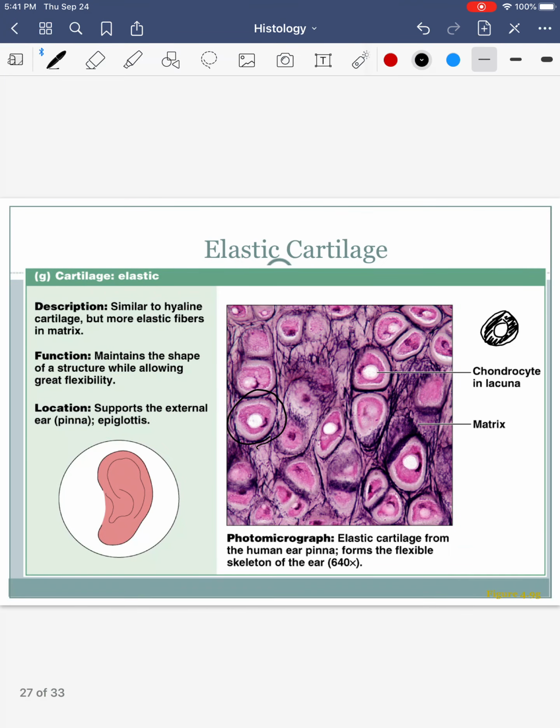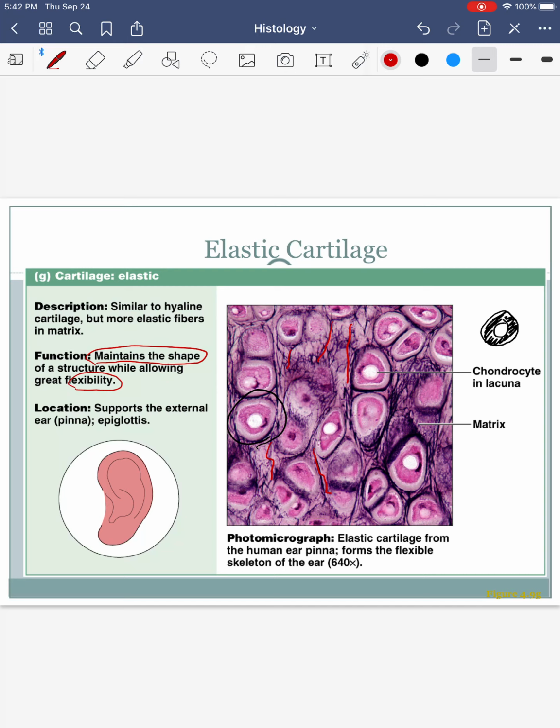Elastic cartilage has the eyeball cells, and then it has elastic fibers. See these thin, spindly fibers? They're elastic fibers. And so if you think elastic fibers, we're going to think elastic cartilage. This is really more about maintaining shape or flexibility.